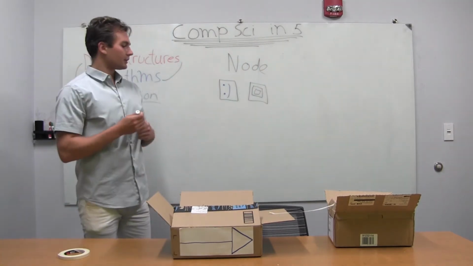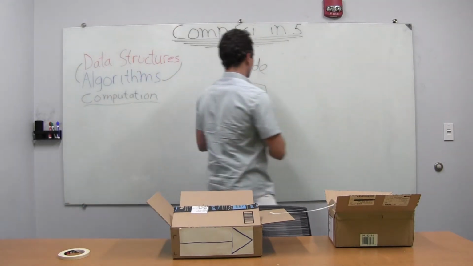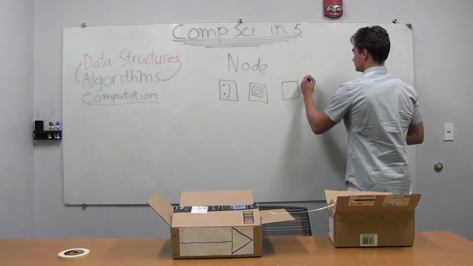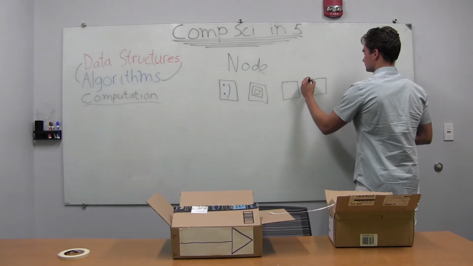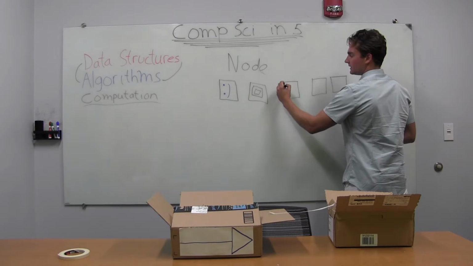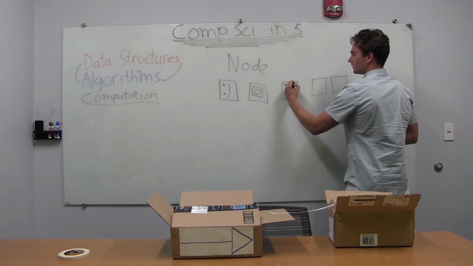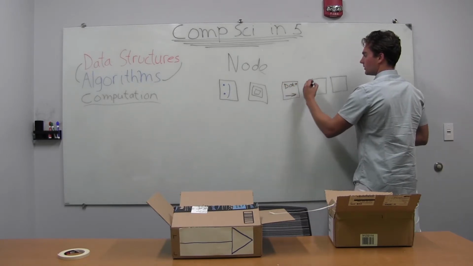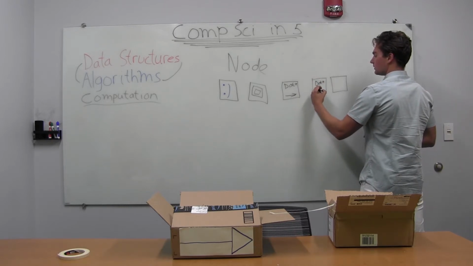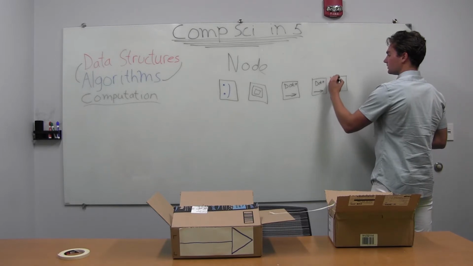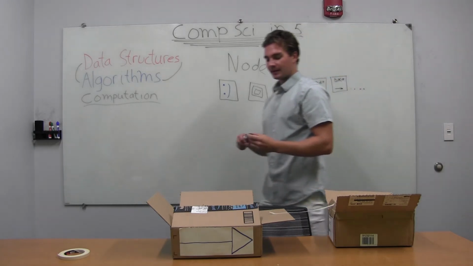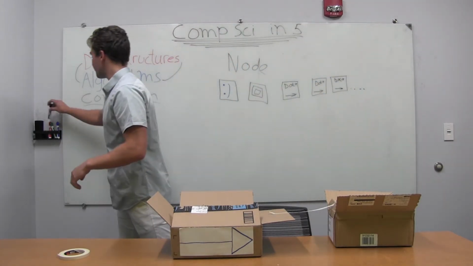And what this would kind of look like as a picture would be, so in every node we have a data and an arrow. We have data and an arrow, data and another arrow, so on and so forth, up into however many data items that you have.